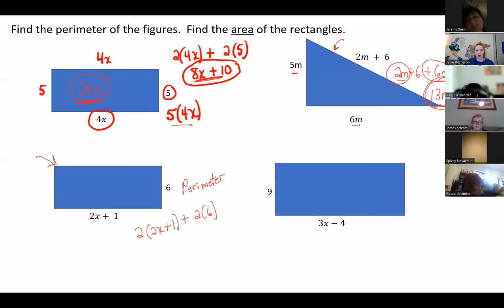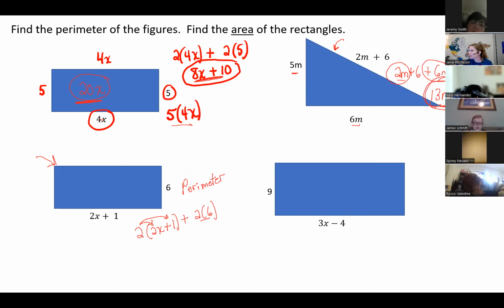All right, some of you are only doing the first one. Y'all are forgetting about doubling the 6. You got to double the 6 also and then combine like terms. Evan, you're so close. You were supposed to double the 1. 2 times 1 is 2 plus 12. Good, Luke.